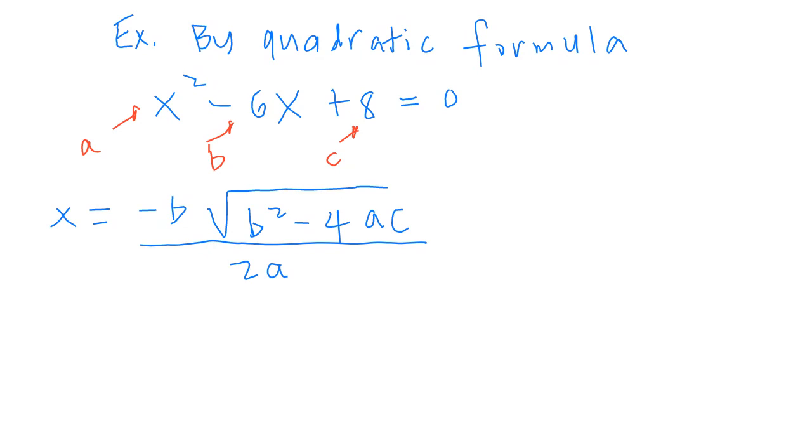Now, you have to take note also that b squared minus 4ac is your discriminant. So this is what we call the discriminant. I'll show you after these three ways to solve for your quadratic equation.